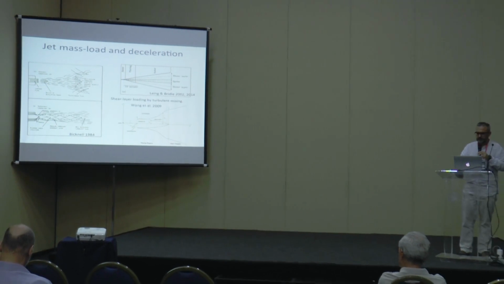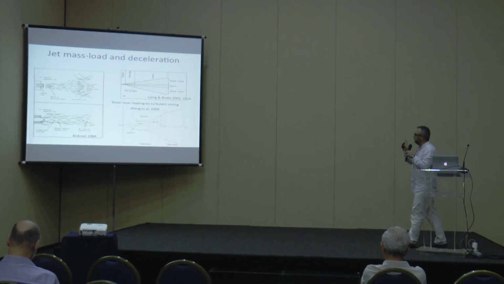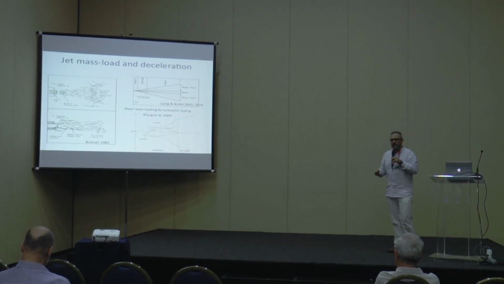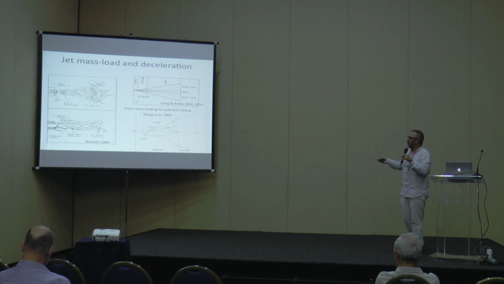I would like to mention a recent paper by Komissarov and a student of his, I don't recall his name, sorry, in which they suggest the growth of an instability on the boundary layer of a jet that is expanding and recollimating to explain this deceleration.